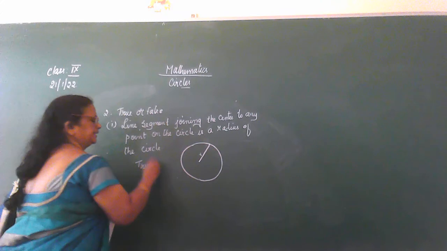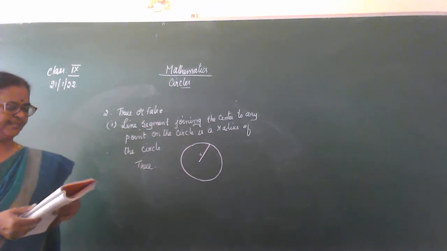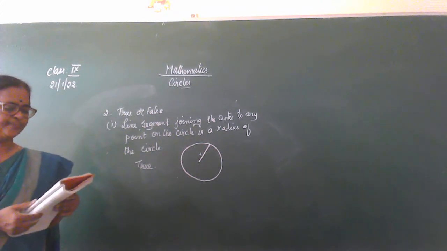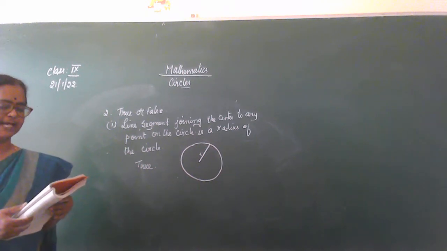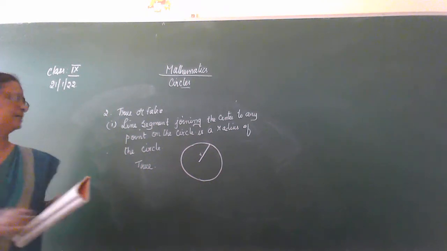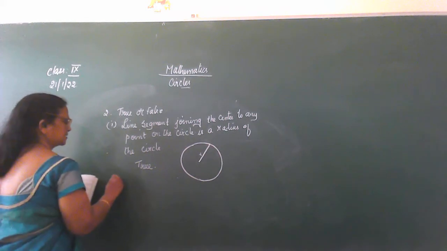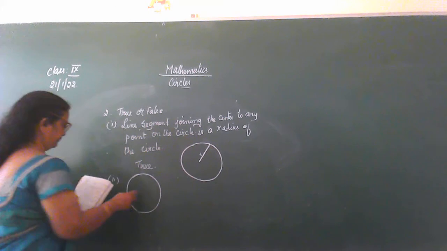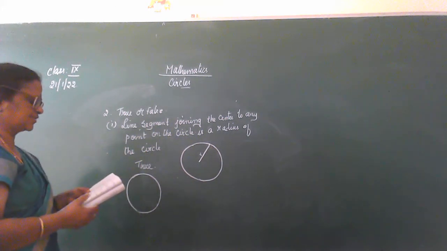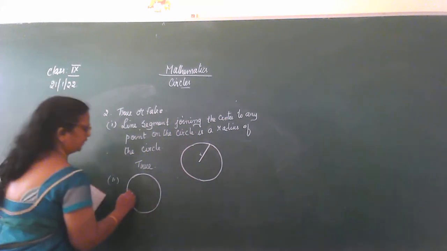The statement is true. Then, a circle has only a finite number of equal chords.